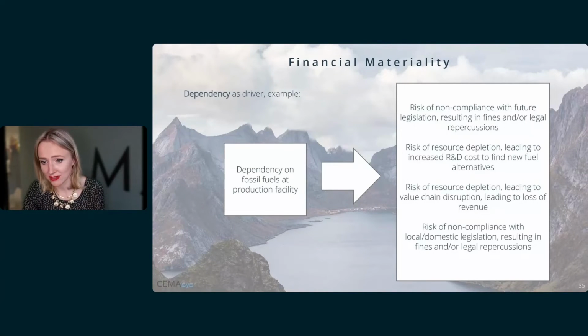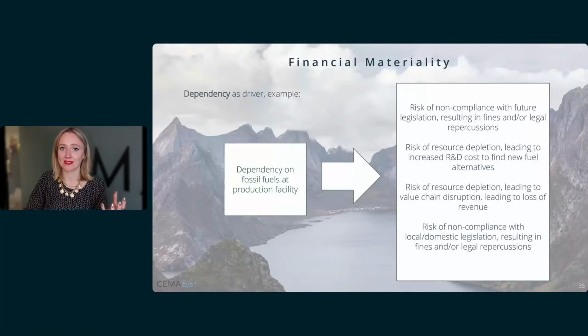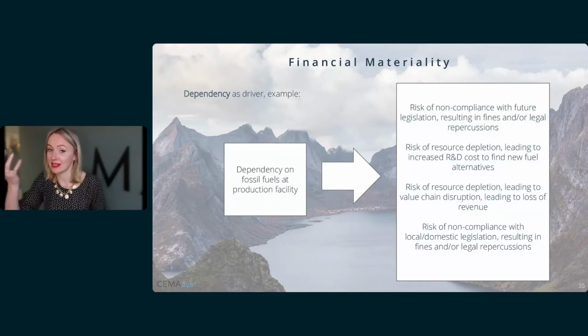I think this is pretty much the same, but here, risk of resource depletion leading to value chain disruption, leading to loss of revenue could be a good example. Because you are dependent on something in your value chain, if that is disrupted, that could be a financial risk. I hope that made sense.